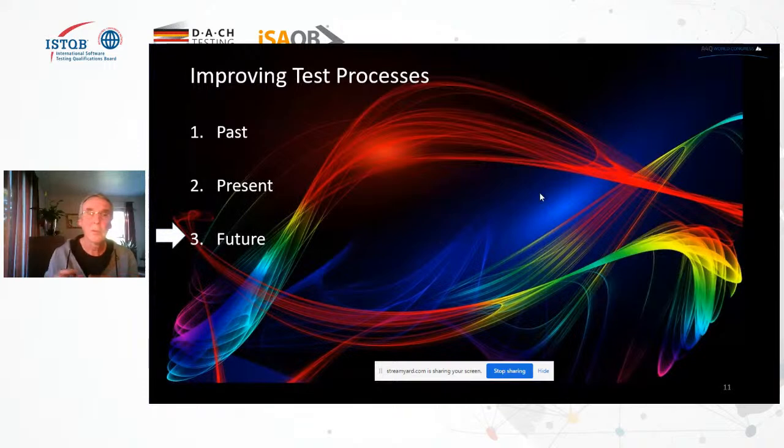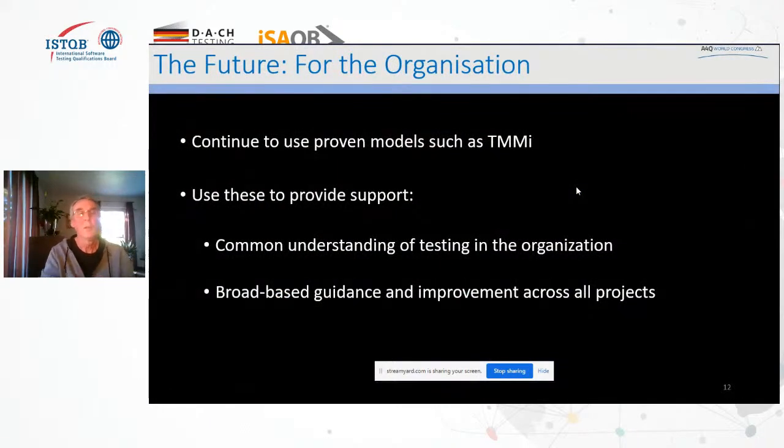So that leads us perhaps onto thinking about what we could do in the future, given that our process of test process improvement needs to become more agile. Well, the future for me, I've split into two blocks. One block is considering the organization.